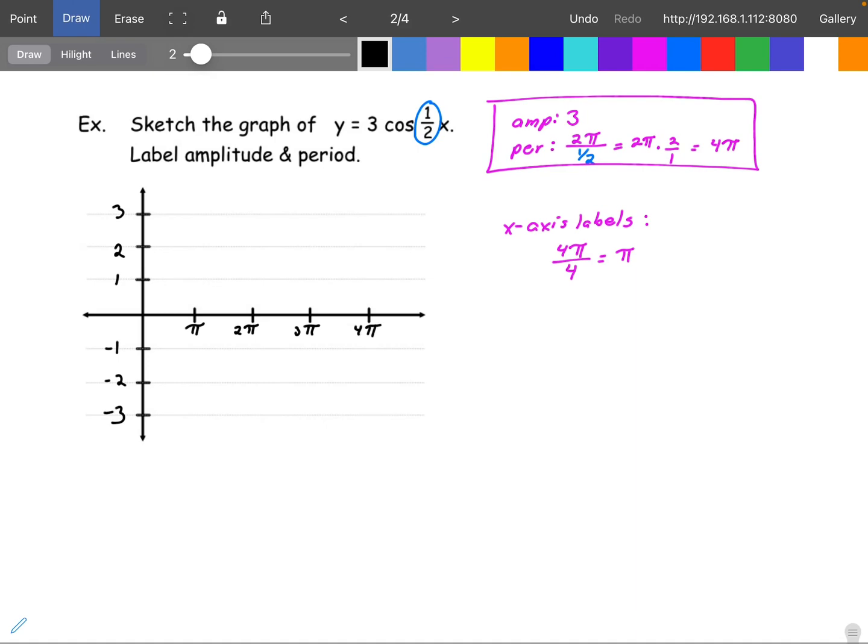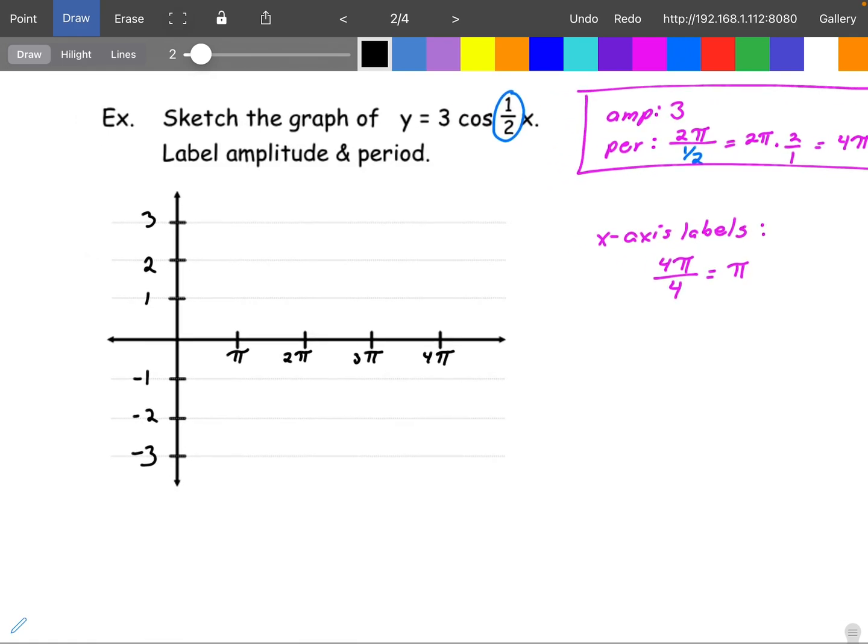So that's one period. If I needed to do 2 periods, then I would just extend this out and say, okay, 5 pi, 6 pi, 7 pi, 8 pi. So just keep on counting. I only need to do 1 full period though, so I am good with stopping at 4 pi. Now, I know that this is cosine, so remember, cosine is supposed to go 1, 0, -1, 0, and 1.